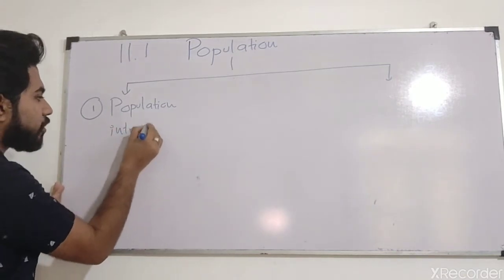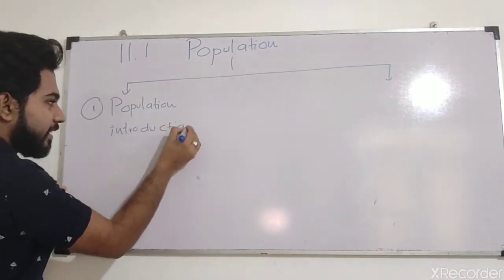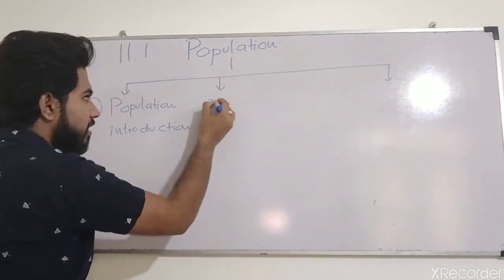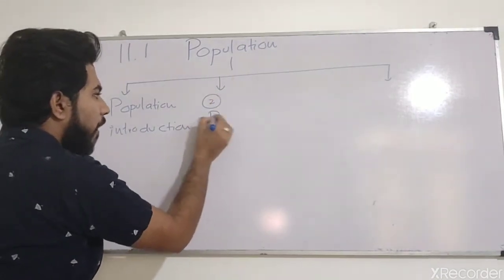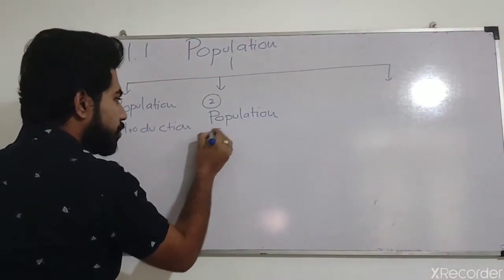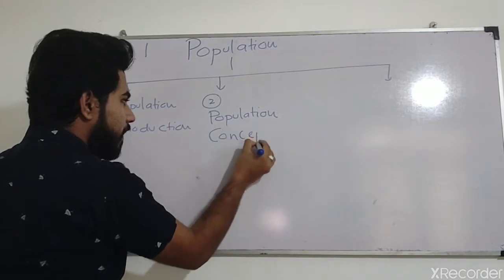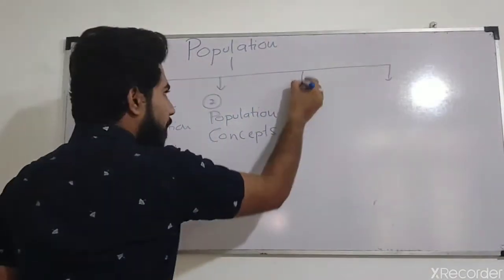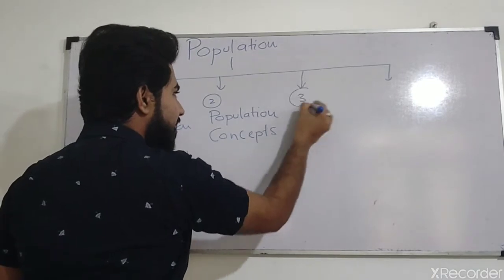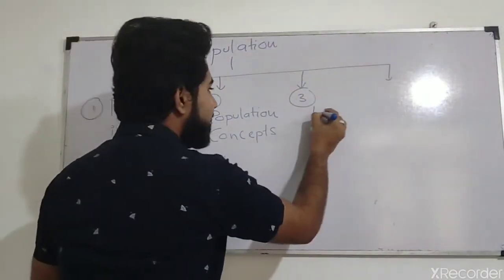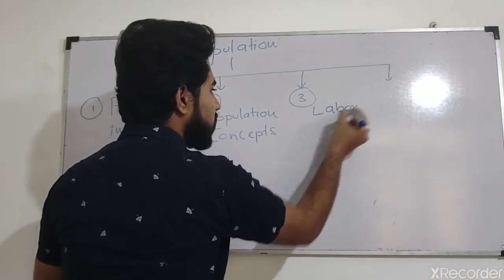The second part that we have to discuss in this lesson is population related concepts. The third part that we have to discuss is a very important thing, that is labor force.